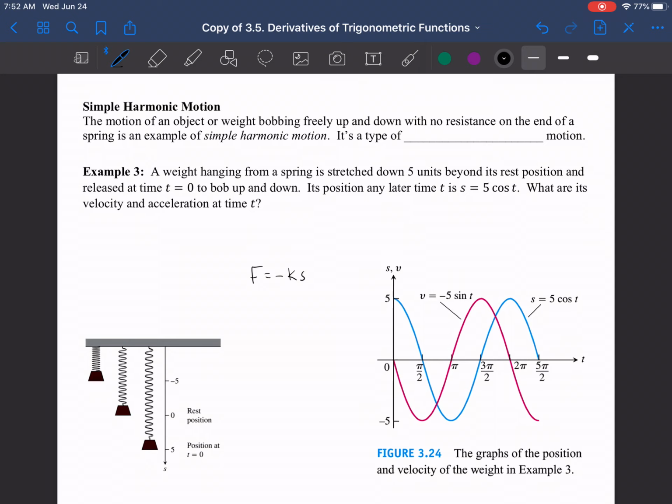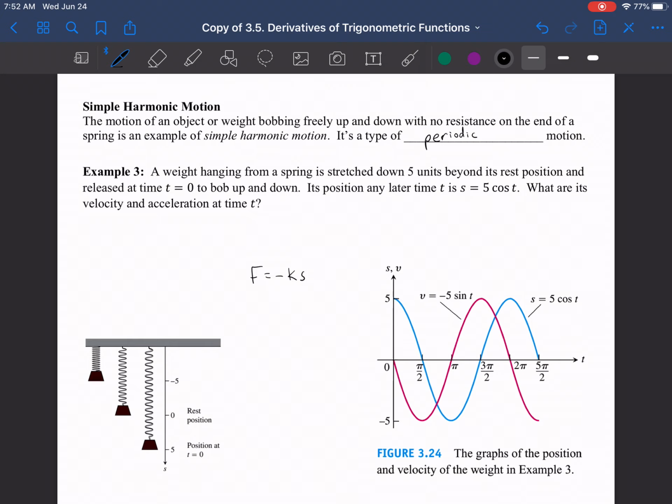So this is the motion of an object where the force acting on it is in the opposite direction of the displacement, where s is the displacement, and k is just some constant dependent on the situation. A spring with a mass on it is an example of simple harmonic motion, and it is a type of periodic motion. Not all motion is simple harmonic, but the ones we're looking at here are.